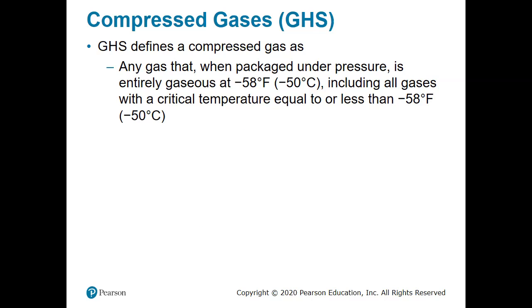Move off of the DOT now, and let's talk about the Global Harmonized System, the GHS. By definition, GHS says that a compressed gas is any gas that when packed under pressure is entirely gaseous at -58 degrees Fahrenheit, with a critical temperature equal to or less than -58 Fahrenheit. I meant Fahrenheit the first time as well. This is to kind of separate the compressed gases from the cryogenic liquids.